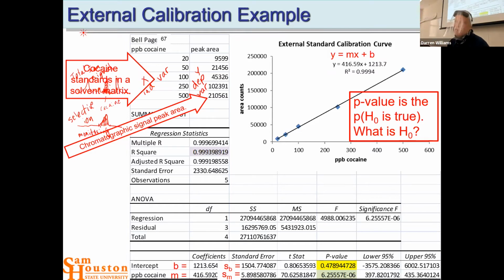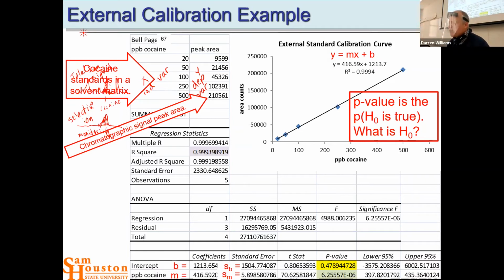So we have no confidence in that number 1200. There's a 48% chance that 1200 is just the time we ran it, we drew a number out of a hat and got 1200. There's nothing significant about that number. So we could set it to 0 and actually improve things.